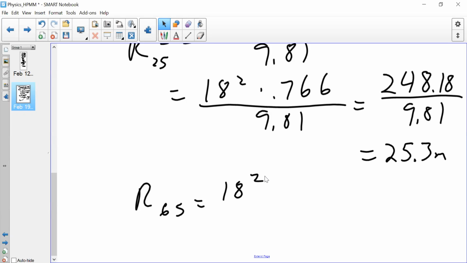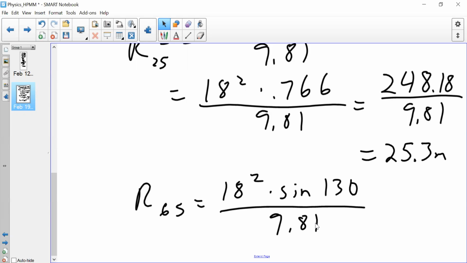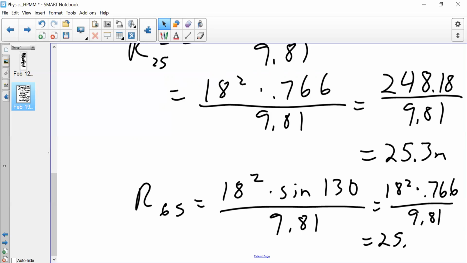So 18 squared times sine of 65 times 2, 130, right? 0.766 times 18 squared, 248.18 divided by 9.81, 25.3. You should see that. Are there any questions thus far? So 18 squared multiplied by 0.766 divided by 9.81 gives me 25.3.